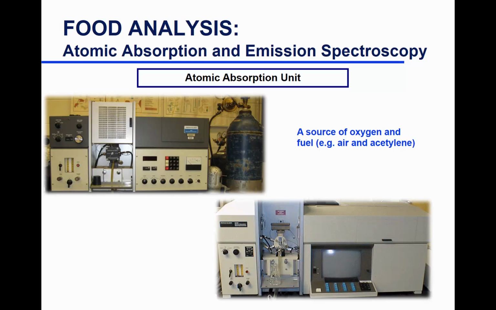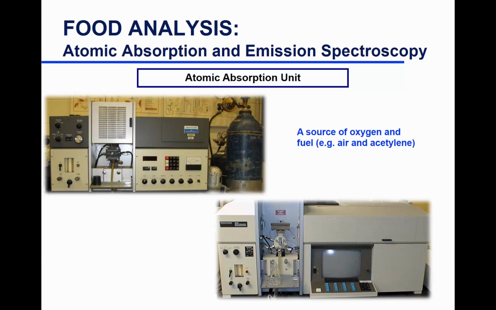In this compartment, you will ignite a flame, and it's very cool to ignite the flame. The way you have a flame is basically you have a source of oxygen and a source of fuel, so you will have containers for air and acetylene as fuel.